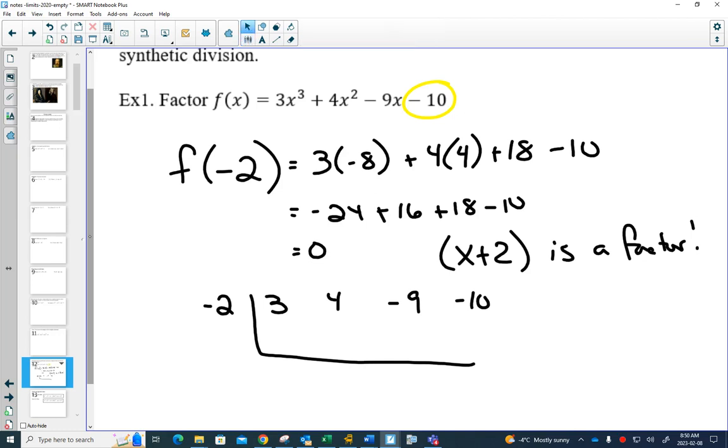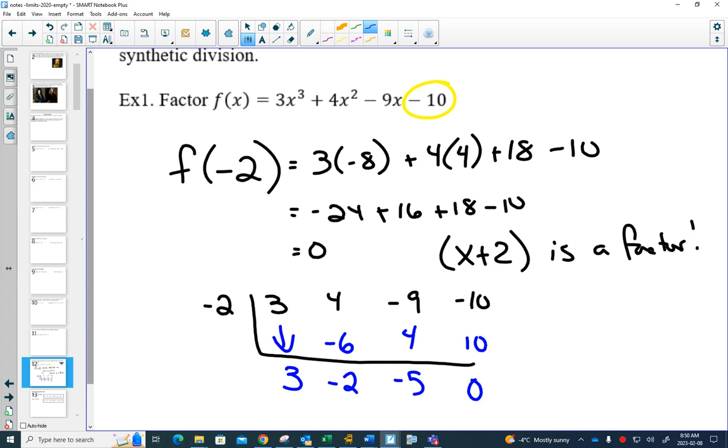We bring down the 3, and then you multiply these two numbers together, and then you add. And repeat that. Multiply these two numbers together, negative 2 times negative 2, and add, negative 2 times negative 5, and add. And what that will do for you is it will divide it quickly.